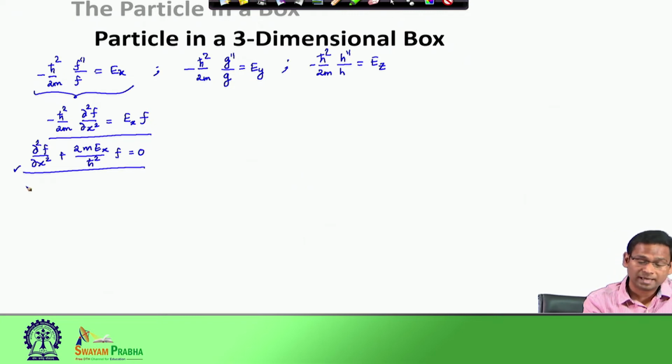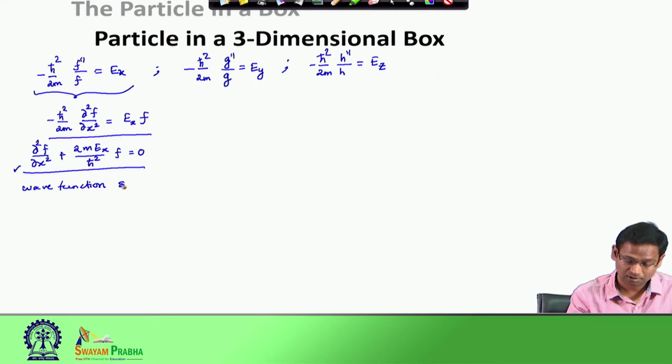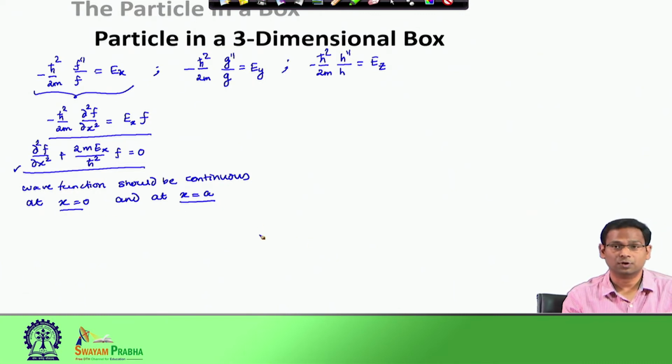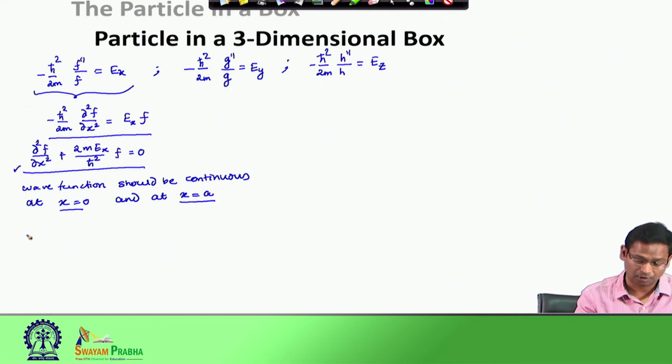So, when I am talking about the x axis, I should say that the wave function should be continuous at x equals 0 and at x equals a, because that is the length of the box along the x axis. When I impose this condition, we would actually get back the solution that we already are familiar with as a particle in a 1-dimensional box.